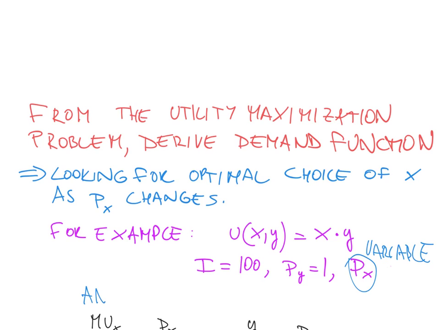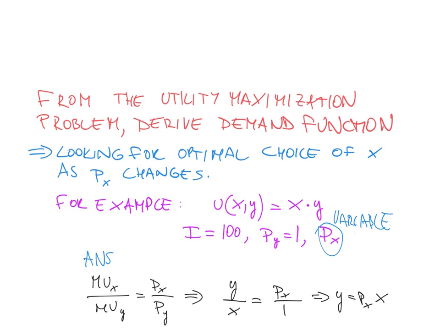And when we get the answer, it's always a good idea to know what you're looking for as an answer, right? The answer should look something like X equals, but X as a function of the price of X equals something. That's what we're looking for. We are looking for not a number for X. We are looking for what is the optimal choice in X as a function of the price.